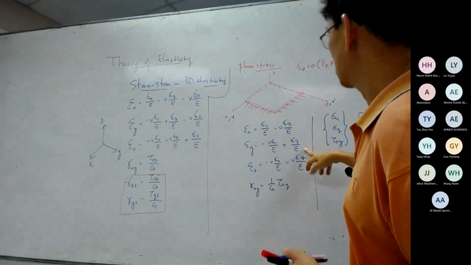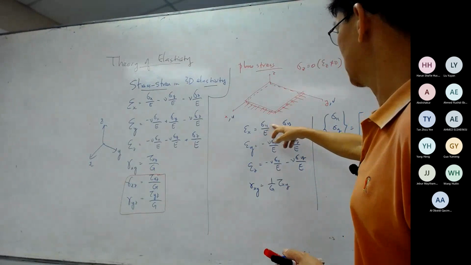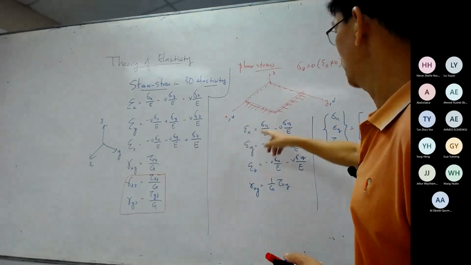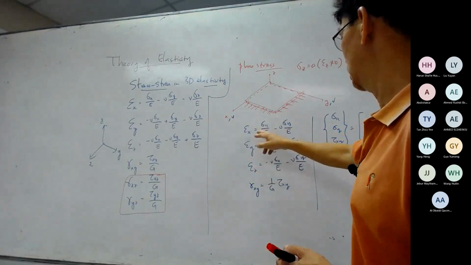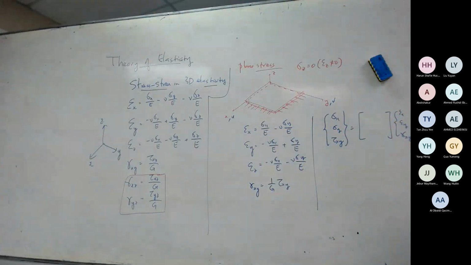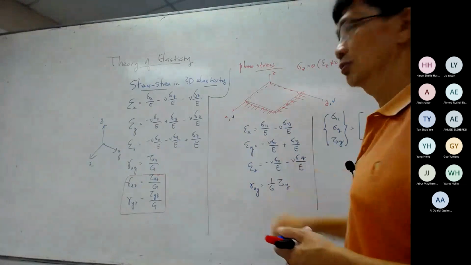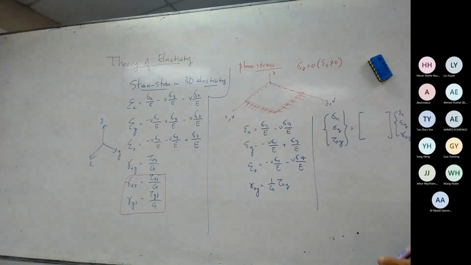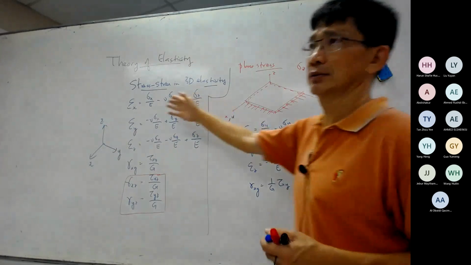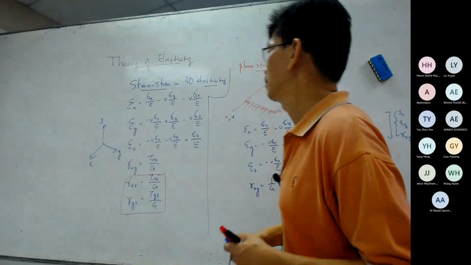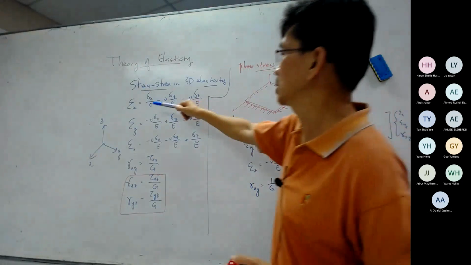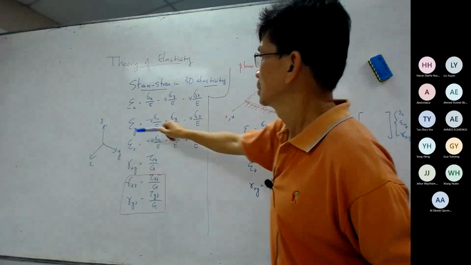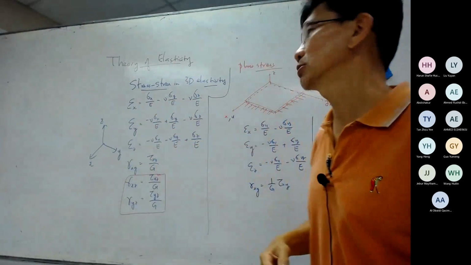We solve these two equations, then we get sigma x, and correspondingly, once we know sigma x, you can get sigma y by substituting back into any of the equations. So that is how we get to the stress-strain relations if we start from this basic strain x equal to this, strain y equal to this, and strain z equal to this.